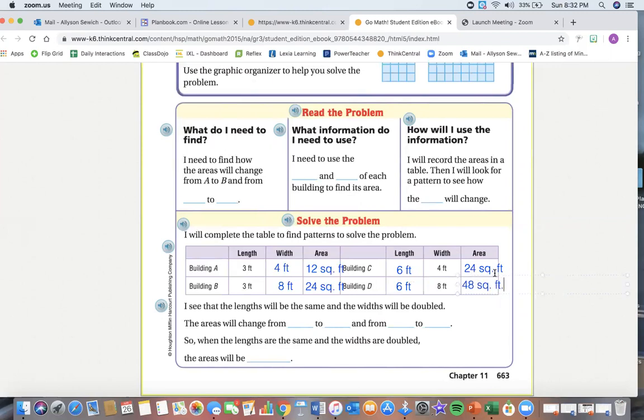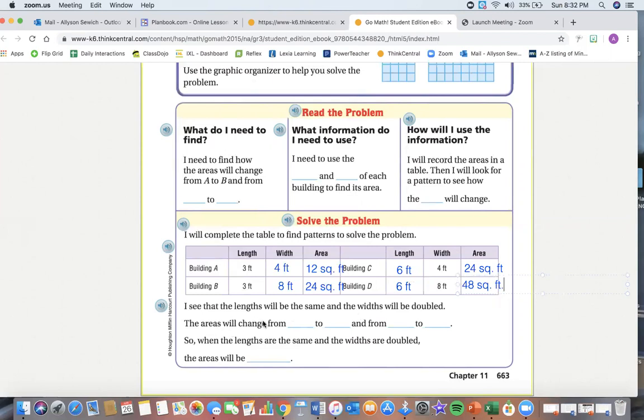All right, now the hard part is done. We got all of that information written down. It is good to go, so we can solve our problem and see what they're asking us. And remember, they're asking us to compare building A to B, and C to D. So I see that the lengths will be the same and the widths will be doubled.